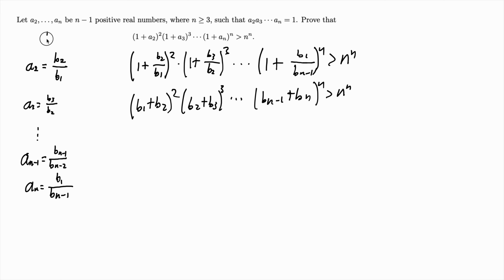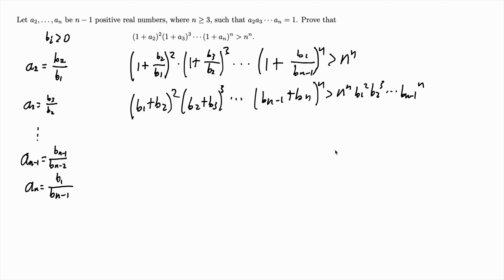Here, assume that b sub i is greater than 0, because there's nothing wrong with doing that. Otherwise we would say that they are all less than 0, but why would we do that? We can just do this. So we know that this is greater than or equal to b sub 1 squared, b sub 2 cubed, dot dot dot, b sub n minus 1 to the power of n.